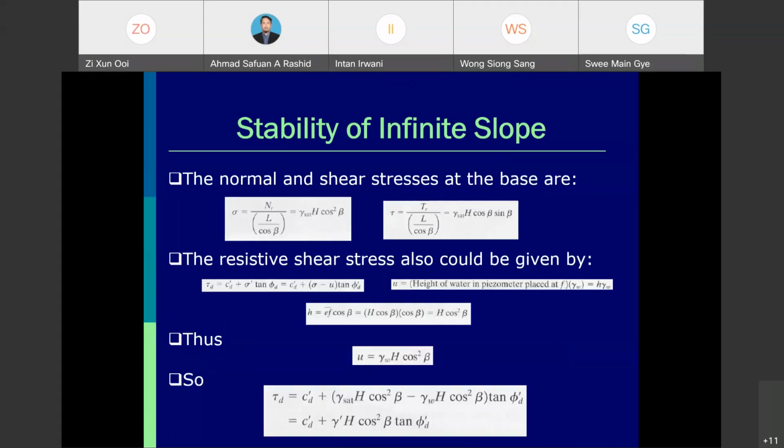The normal stress at the base is actually similar to the previous one, but the difference is in the saturated value.